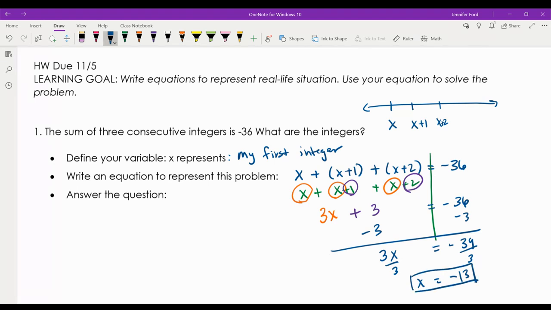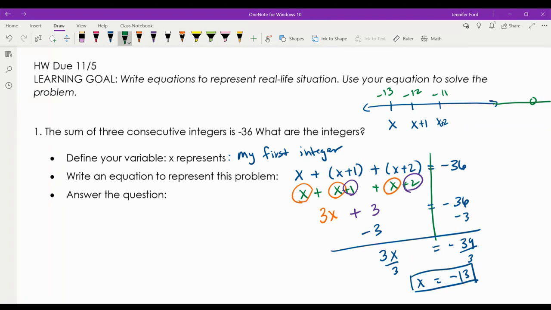All right, so using that information, answer the question. What are the three integers? All right. So if I do this, negative 13, 0 is going to be over here somewhere. If I keep going, it'll be negative 13, negative 12, negative 11.